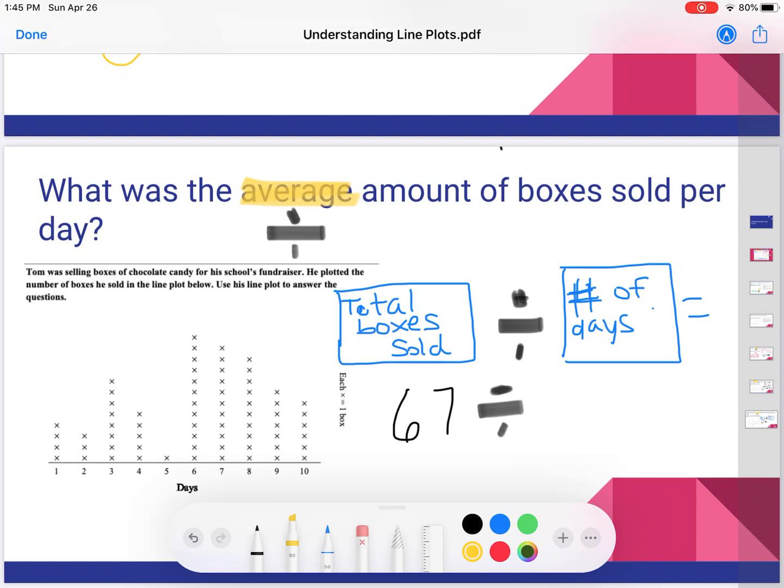And we also know from our previous slide how to find the number of days that Tom sold. All we have to do is look at our label, and we know that Tom sold chocolate over a 10-day period. So we would put 10 here and then divide. Go ahead and do that now and see if you could figure out how many boxes Tom sold per day on average.